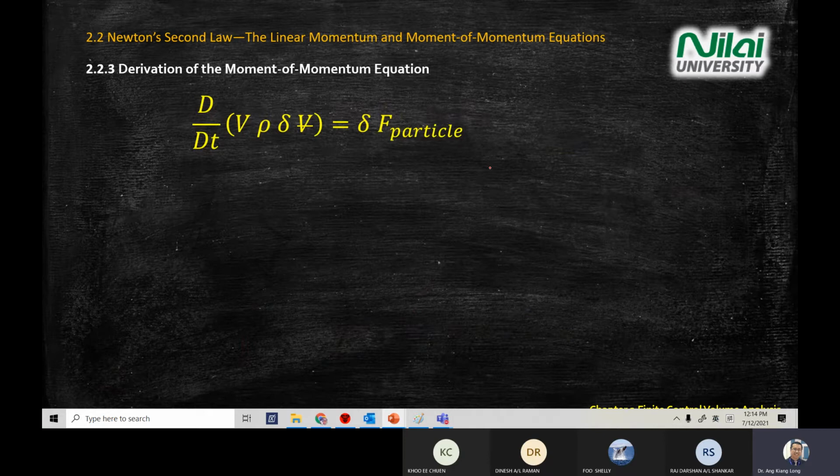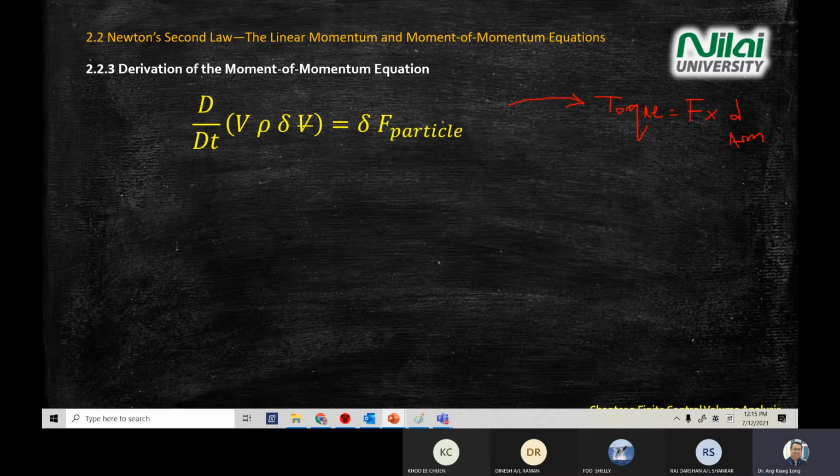Now we try to modify this second Newton law equation and link it with torque. Recall 10 minutes ago I mentioned moment, or torque, equals force times a distance, or we call it arm. This is your arm, the distance from a reference point at 90 degrees to the force. This second Newton law is not yet developed to change to torque.